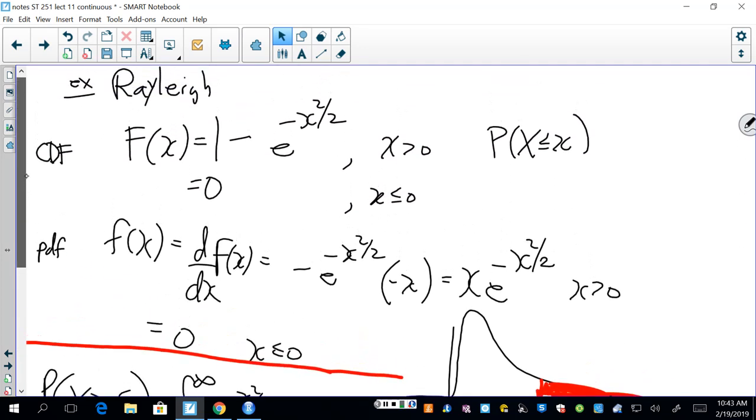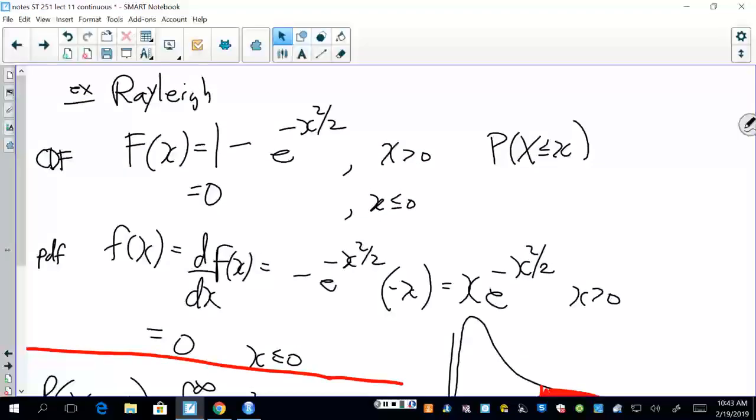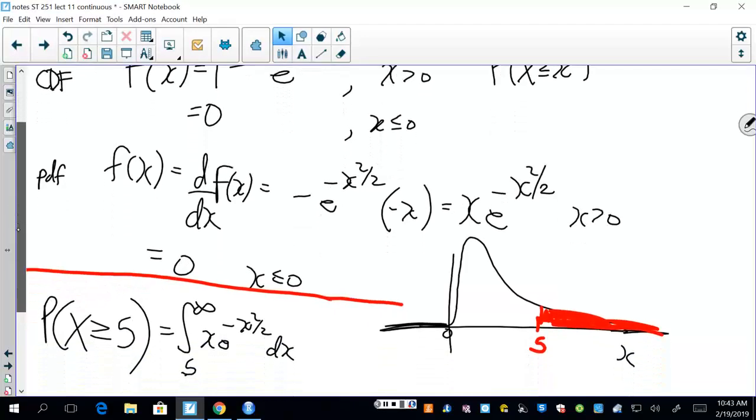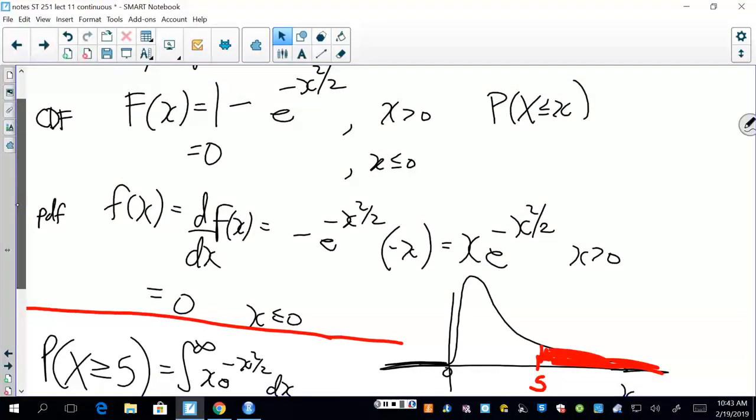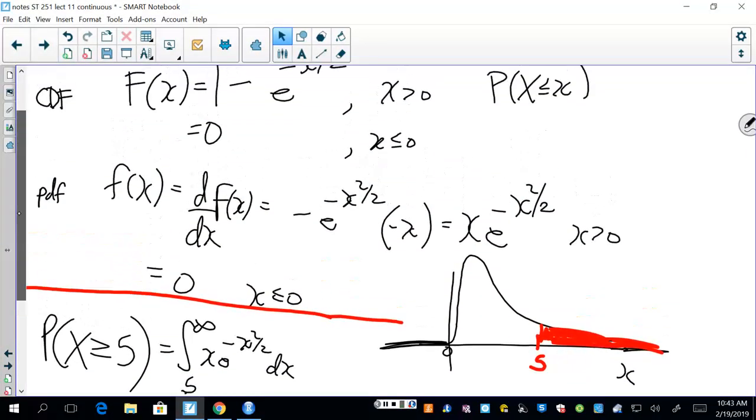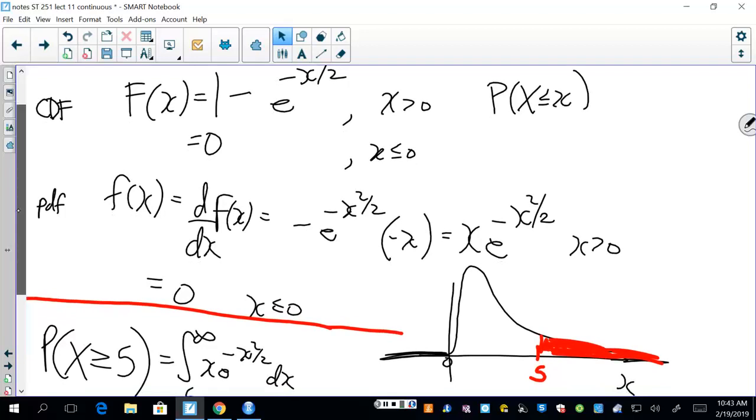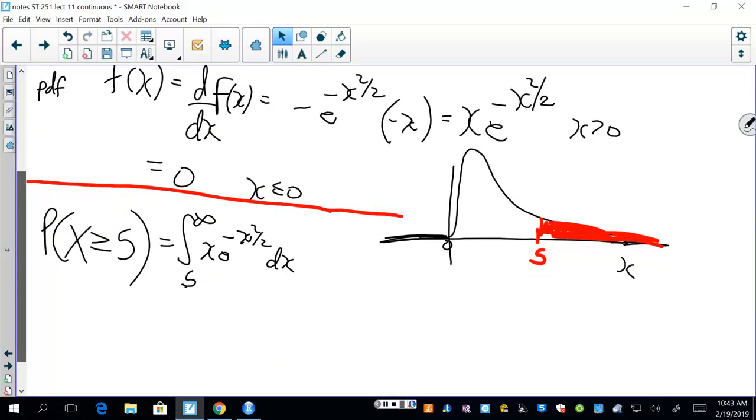So that integral is this, right? Is the cumulative. That's less than or equal to that, right? So this is really the cumulative evaluated as x goes toward infinity minus the cumulative at 5.